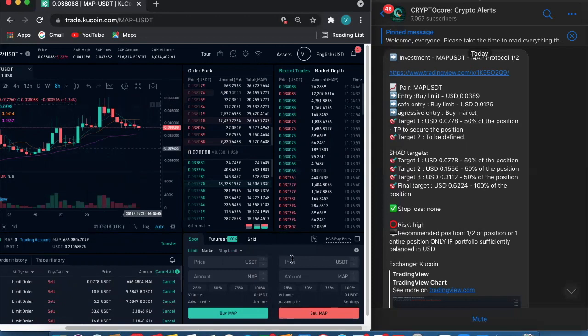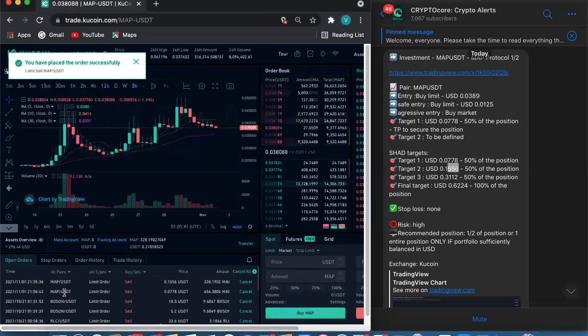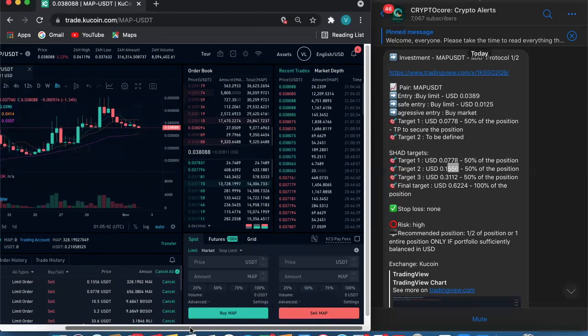So from that point on, guys, we're going to go the next target level, which is 15 cents, 0.1556. And then we're going to sell another 50% of MAP, and we're going to place another sell. All right, we've successfully placed the order. You can see here in your open orders, guys, 2 orders I've placed of MAP, sell limit orders.